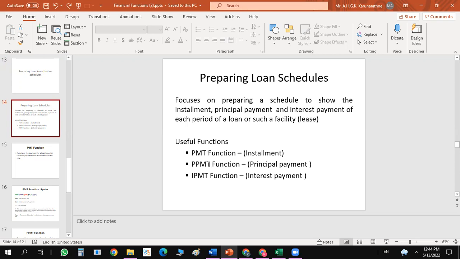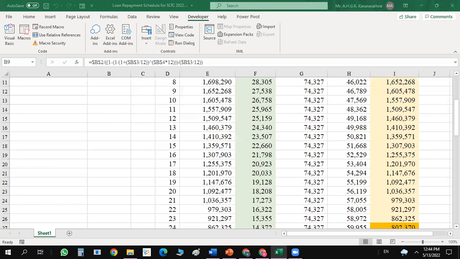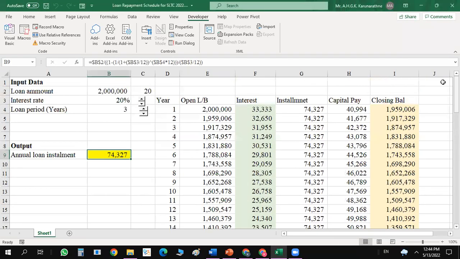Then the PPMT function. So here the PMT function lets you compute this loan installment, the loan installment that we computed using our detailed lengthy descriptive formula, right? Okay.